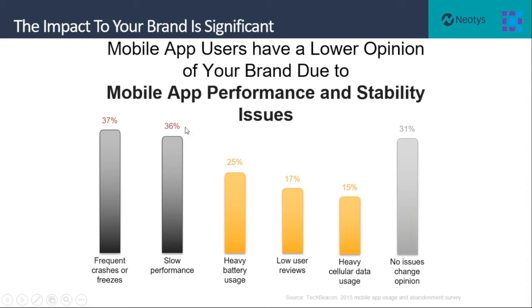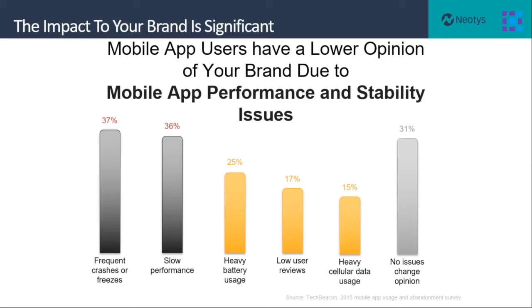Tagging on top of that, users feel that their feeling towards a brand is significantly impacted by the mobile app delivered by the brand. When apps crash or freeze or have slow performance, they think negatively about the brand.